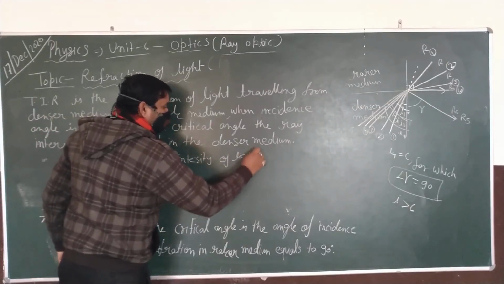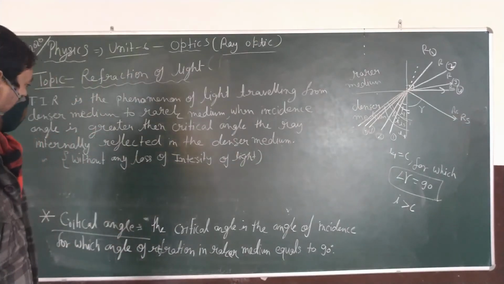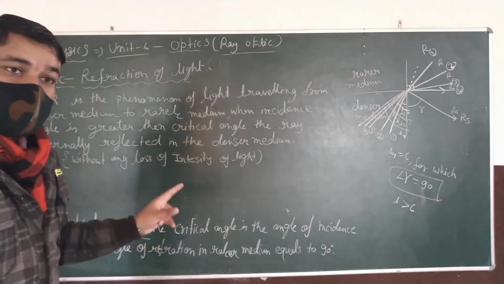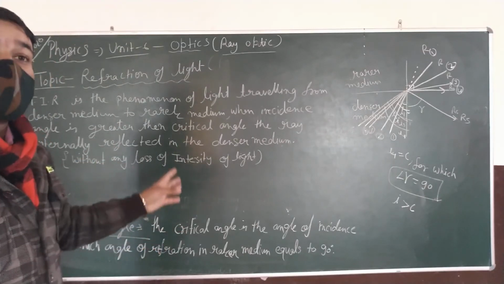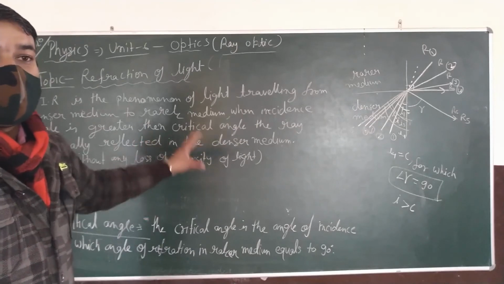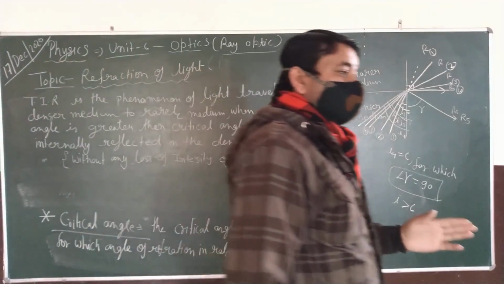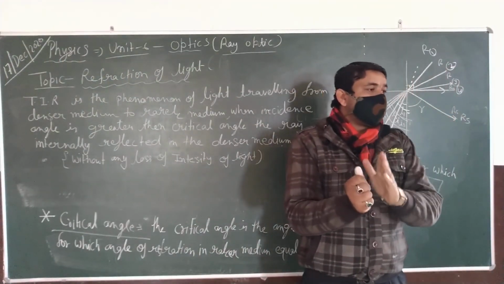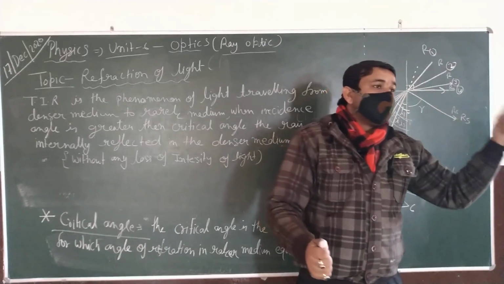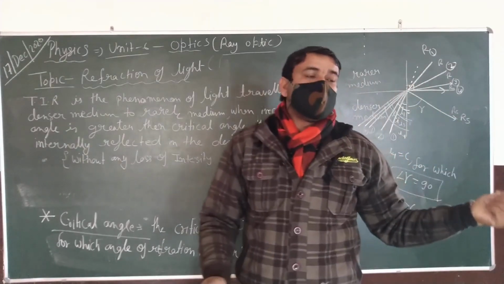It is the important part and the condition. Because of that, this phenomenon is used in optical fiber, because there is no loss of energy and the light entering the optical fiber from one end is 100% transmitted at the other end without any loss of intensity of light.